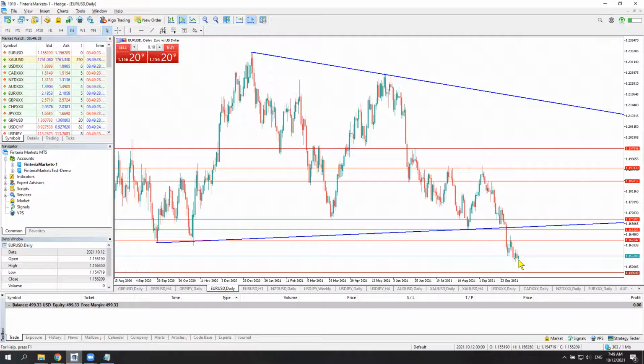So right now, there is certain consolidation going on here. We are comfortably sitting at this area, this level. You can see that we had a bearish candle yesterday with a long tail. This is more like an indication that the trend can potentially continue.